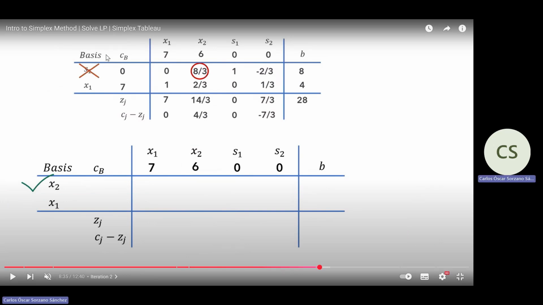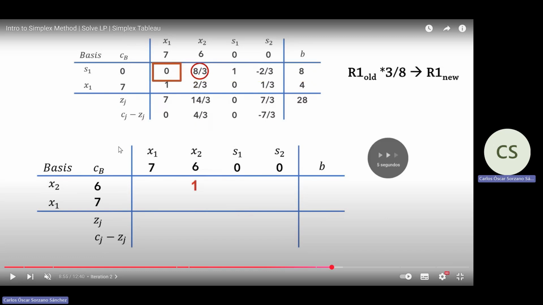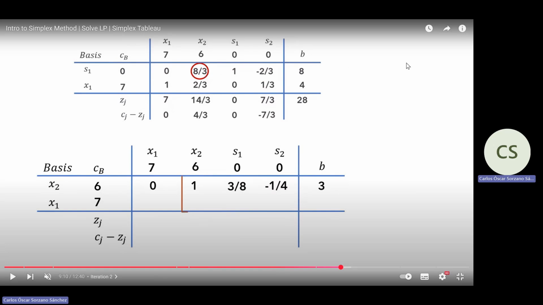Now S1 gets out of the basis, and X2 gets in the basis. And the coefficients, you have to put here the coefficients, 6, 7. This one you have to make 1. So you divide the whole row by 8 over 3, which is the same as multiplying by 3 over 8. So you make it 1, and this is the whole multiplication of the row. And then you have to make this element 0.